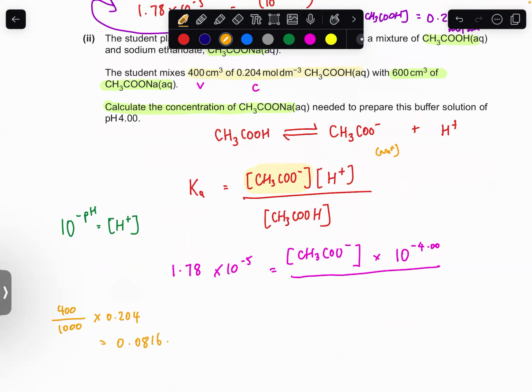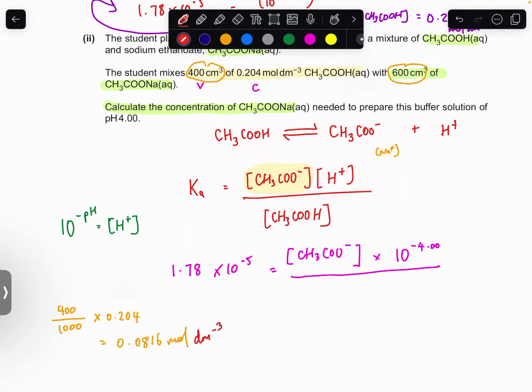That gives you 0.0816 moles. And you see 400 centimeters cubed and 600 centimeters cubed add up to 1,000 centimeters cubed, which is 1 decimeter cubed. So this moles that we've worked out is actually per decimeter cubed.